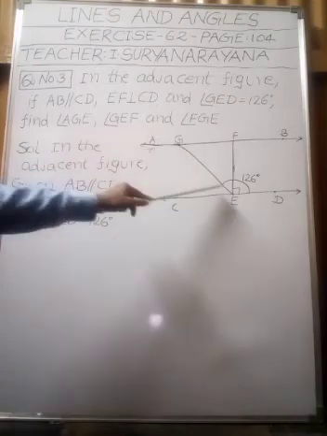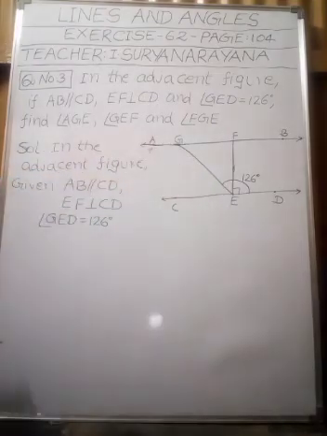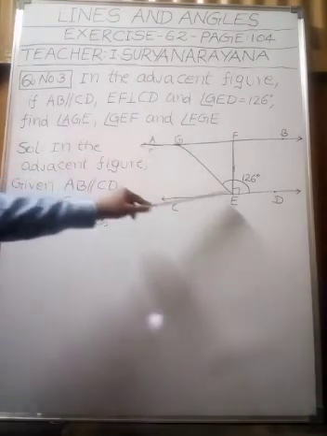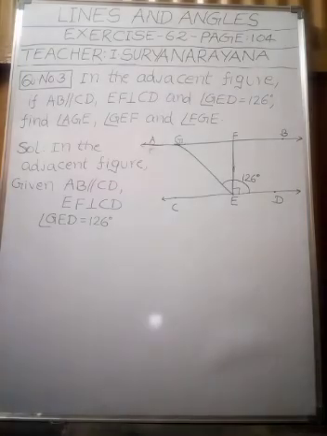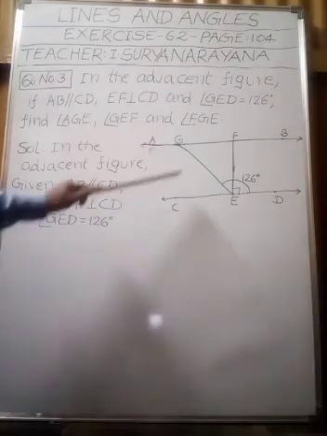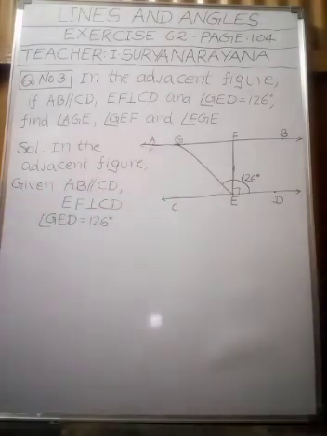Here angle AGE and angle GED are alternate interior angles. Isn't it or not, my dear children? Yes.